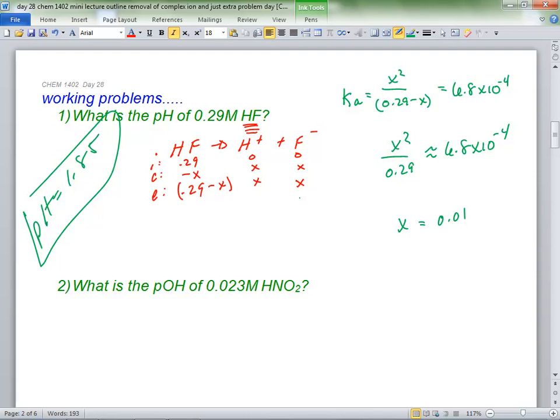Yeah, that doesn't change what this guy is. He's an acid. So you have to write a Ka reaction. You have to. Maybe get pH and then subtract it from, do you remember that? From 14 to get pOH. That's how I would do it. I think it's less plug and chug.